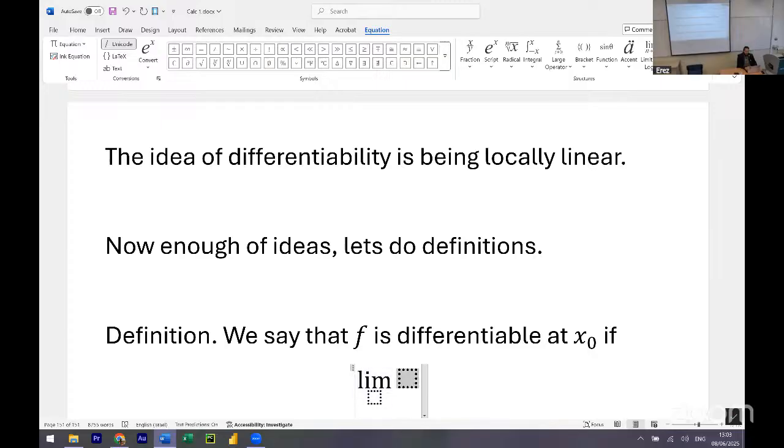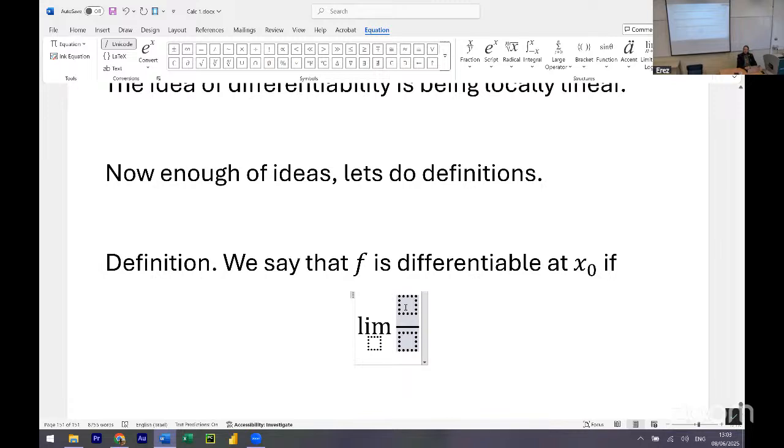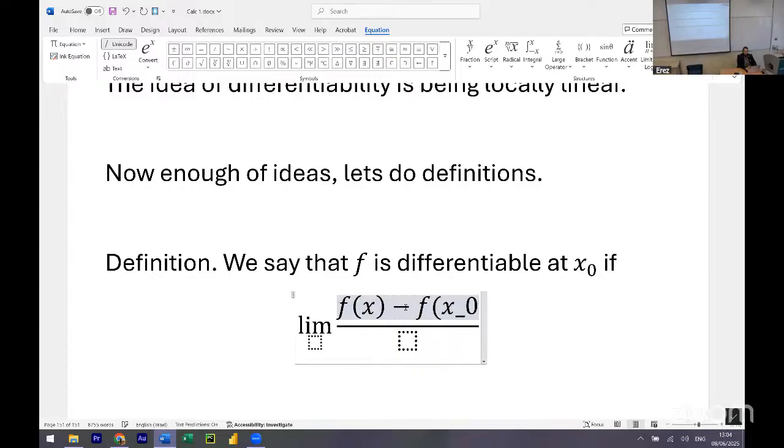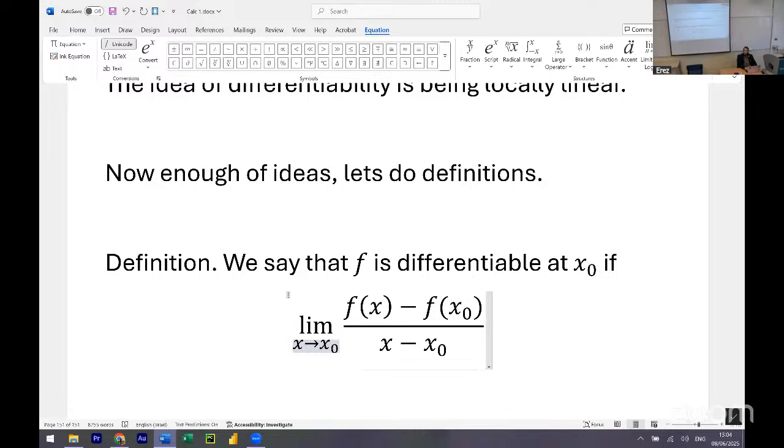I'll talk about the limit in a second. If I take the y difference at the top and I divide it by the x difference, if the function looks like a straight line, I expect that to be the slope of that line, agreed? So when x goes to x0, that's the limit part, that means locally near x0.